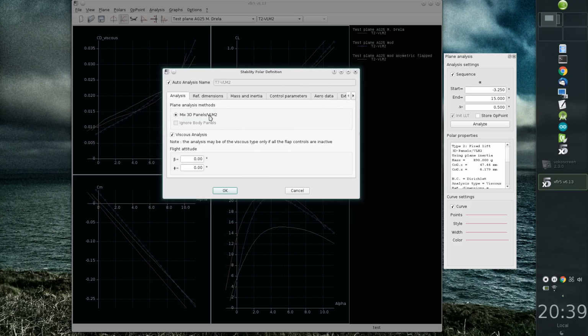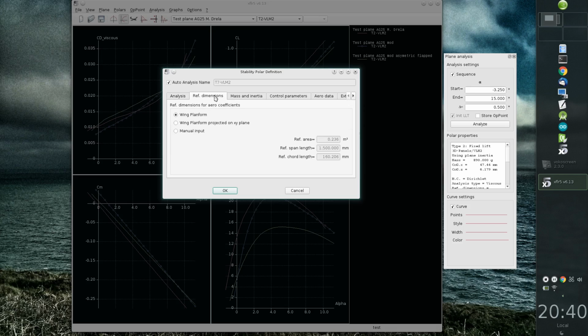One difference which we can notice on this first page is that we only have a choice for one type of analysis, which is a mix of 3D panels and vortex lattices. The 3D panels are used by the body, and the VLM is used for the lifting surfaces, which are the wings, the elevator, and the fin.